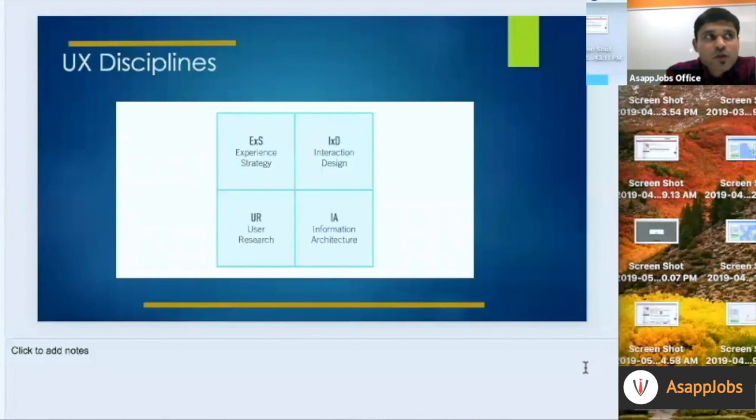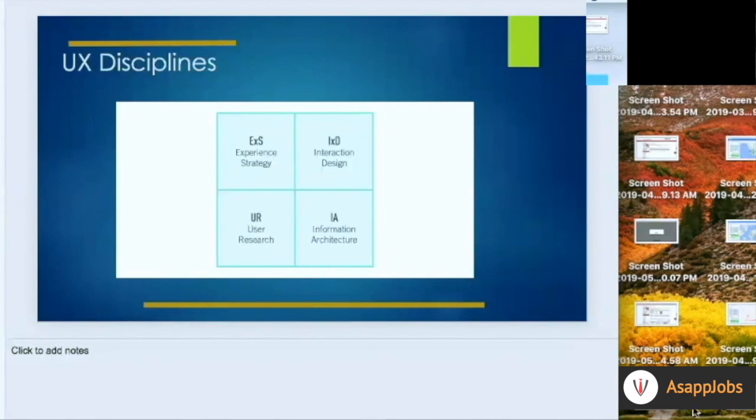Because you are responsible for understanding your user, and though you are understanding the problems of the user, you also need to understand what other products he's using, what type of interactions he expects.